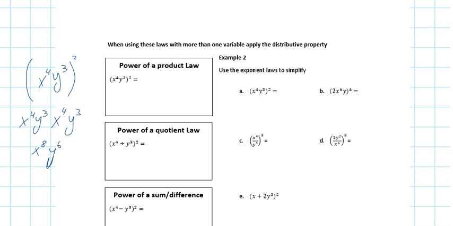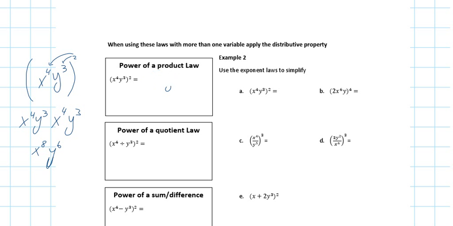But if I don't want to do this step here, because I don't want to expand, I want to reduce as much time as I can, what I will do is that the exponent here multiplies to everything inside the bracket. So it's going to be 4 times 2, so that's x to the 8, and then y, 3 times 2, that's 6. Okay? We are distributing our exponent in. So let me write the middle step here first, which is the multiplication.